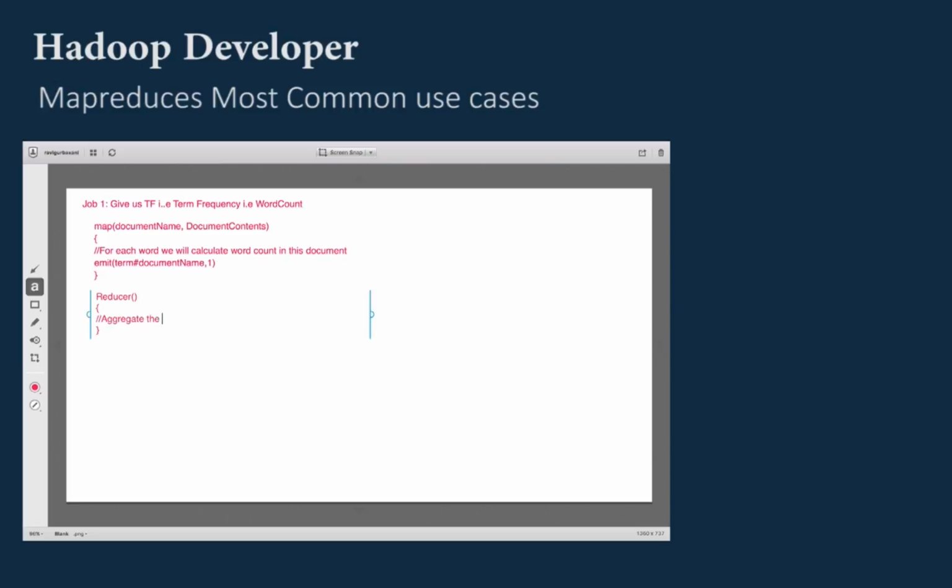And in the reducer, we'll aggregate the word count, and what we will get is TF, that is nothing but word count. So job number 1 is exactly the same as word count. All we are doing is counting the number of times a word occurs in this particular document.